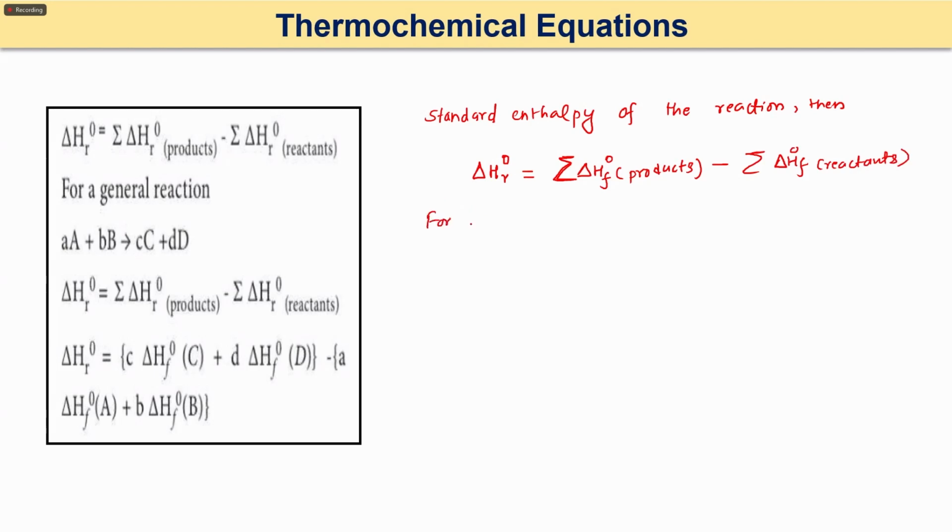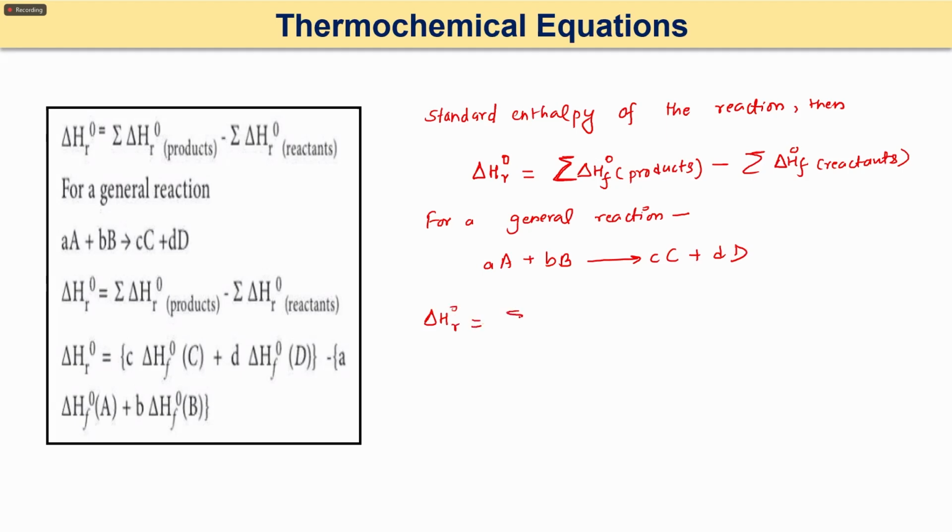As we have taken the reaction, this was our general reaction, where we have taken a moles of A and b moles of B, and they react together to give c moles of C and d moles of D. Then what will be your standard enthalpy of reaction?